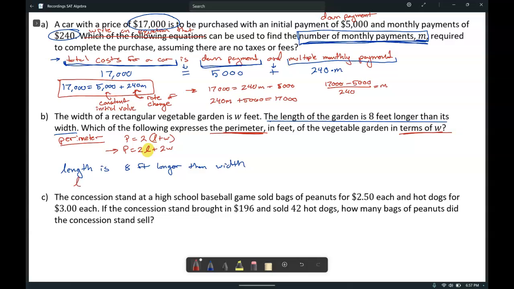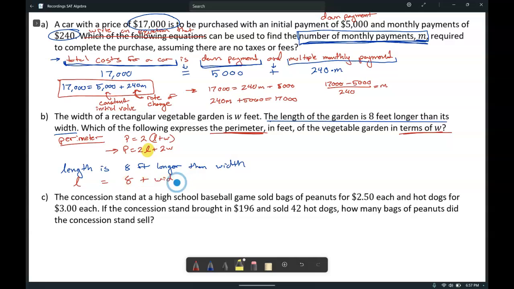The length, represented by variable L, is equal to 8 longer than, so more than, the width. The length is going to be 8 feet longer than the width. And so now we actually have something that we can use to replace our variable L with.